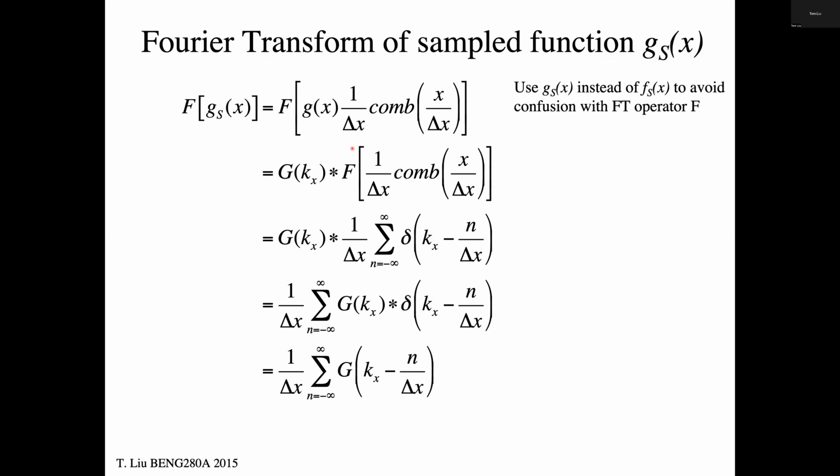The Fourier transform of the comb function we just discussed is a comb function in frequency space. So now I have the continuous version of the Fourier transform of my continuous function convolved with this new comb function, and the new comb function has spikes at spatial frequency values, or k values, separated by 1 over delta x.